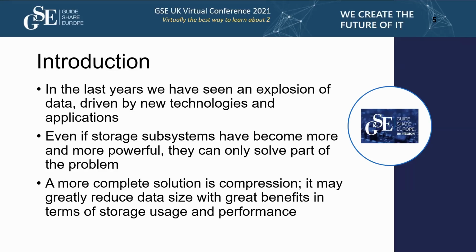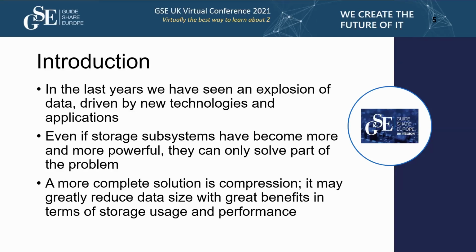Of course, the evolution of storage subsystems has become more and more efficient in solving this kind of issues. So we have more powerful storage subsystems, but they can only solve part of the problem. Because when the data are inside the host, inside the system, applications still have to manage this huge amount of data with consequent resource utilization and performance issues.